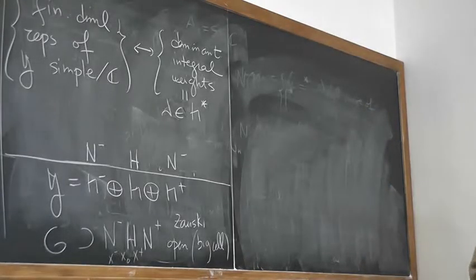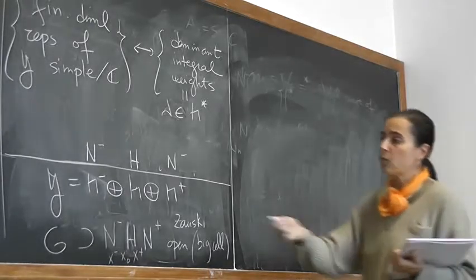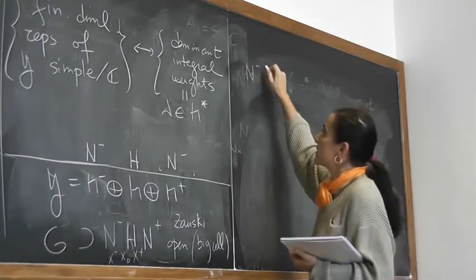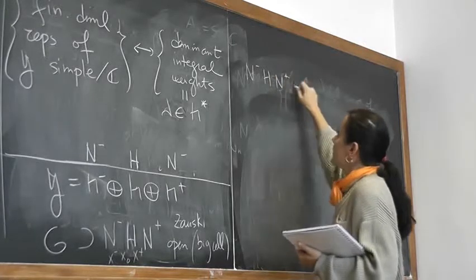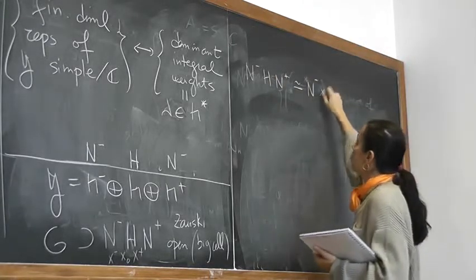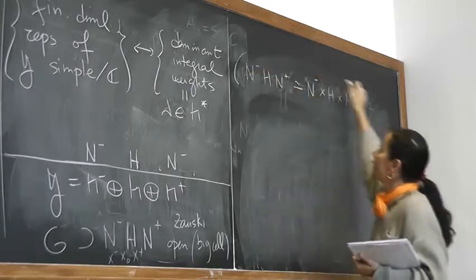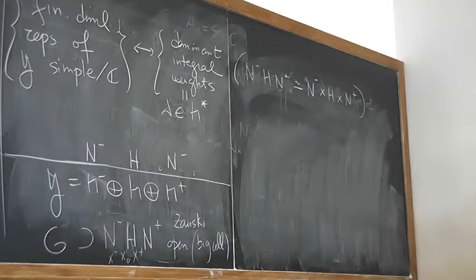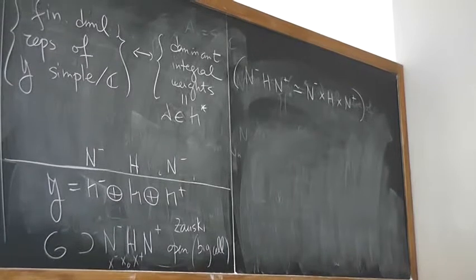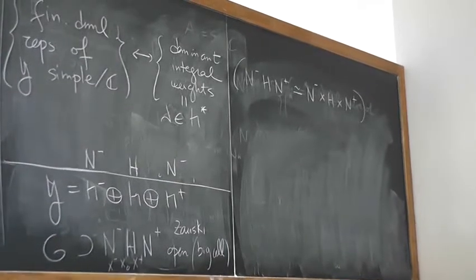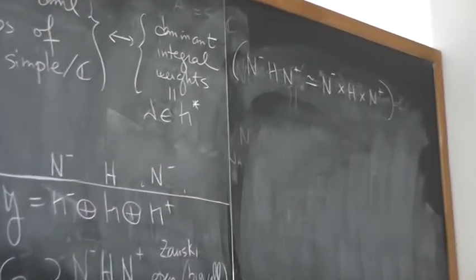In order to express this in a unique way, you should prove something, which we know is true, but it requires some effort to prove. It's not evident.